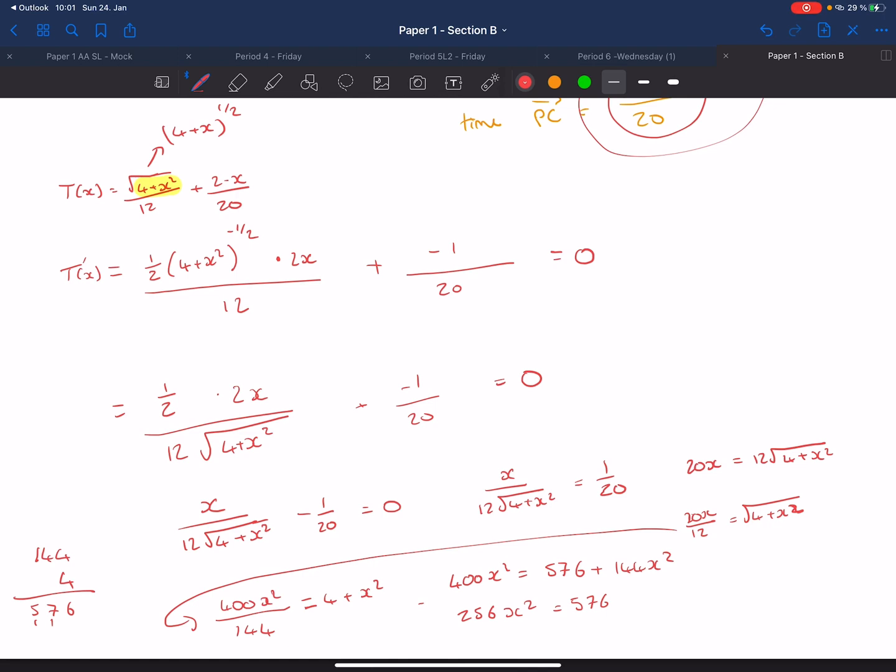I'm just going to check the answers to be sure. There was definitely an easier way to do this. There was a division by 4 earlier on that would have saved me a whole load of hassle.